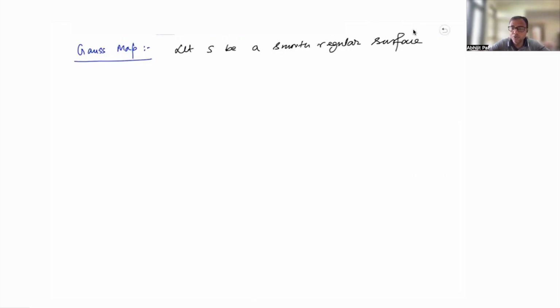In addition to regular, we are taking the surface to be smooth because we want to prove some properties of this map N. For that, we need smoothness of the surface S.